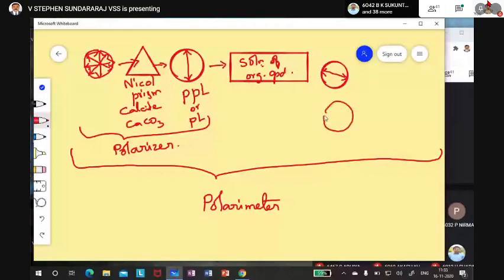Another one may happen. There will be a circular eyepiece like this, and you can move it 360 degrees. Once you are standing here, your eyepiece was here.